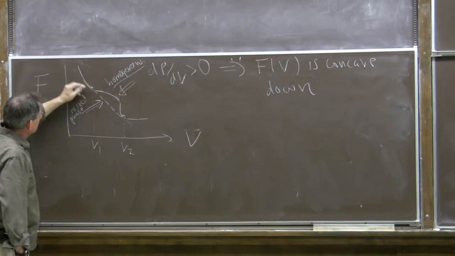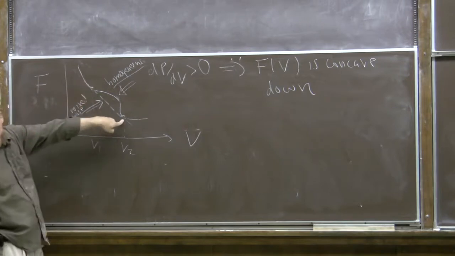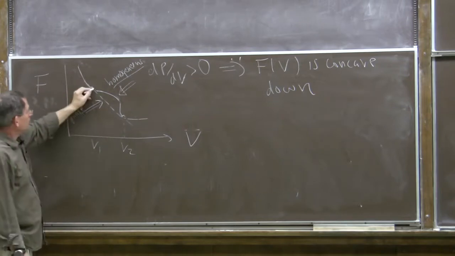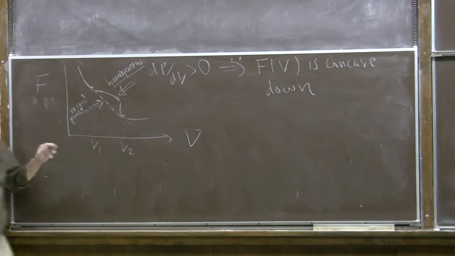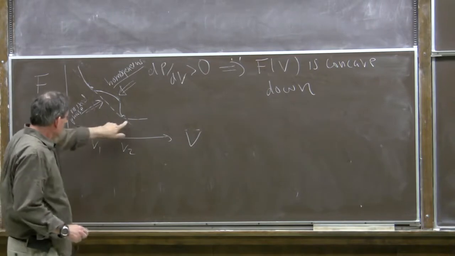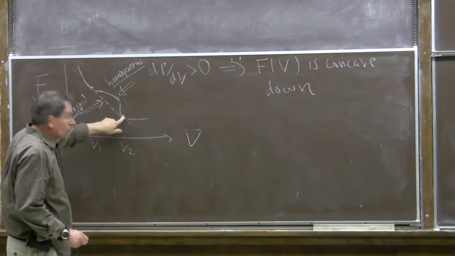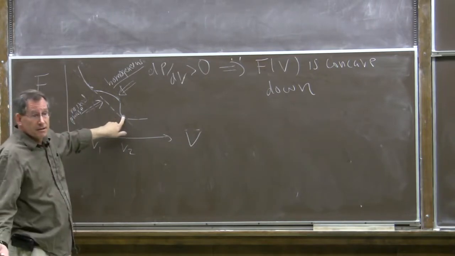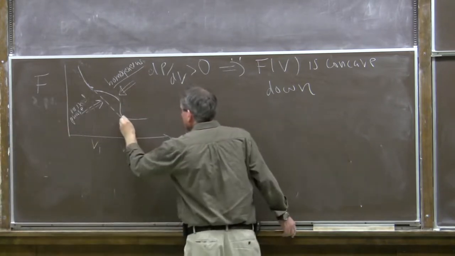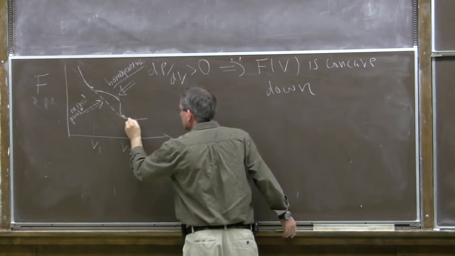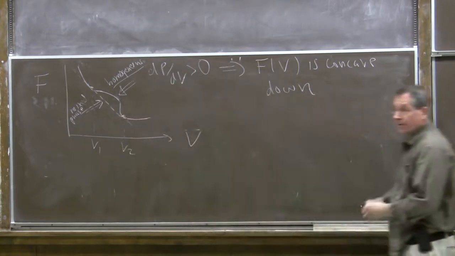But when we get here, we can do better by starting to mix in a little bit of this phase. Then we can follow the straight line as more and more of the available volume is converted to the higher volume phase, okay, until it's been converted completely, and then we follow the homogeneous curve again. Okay?